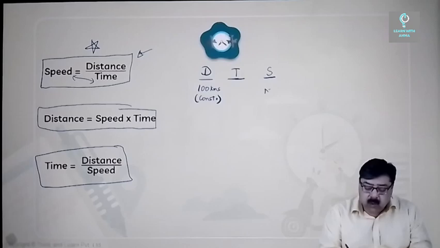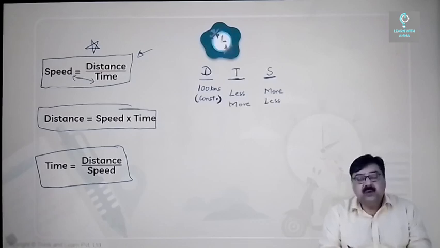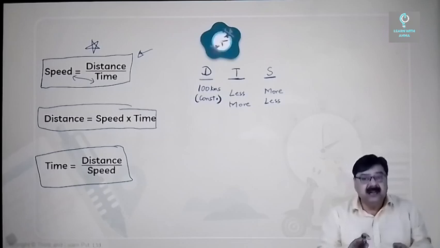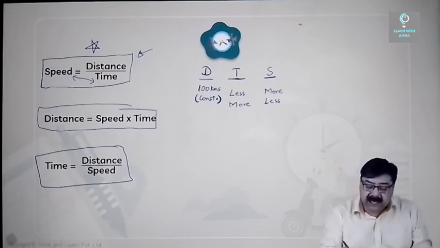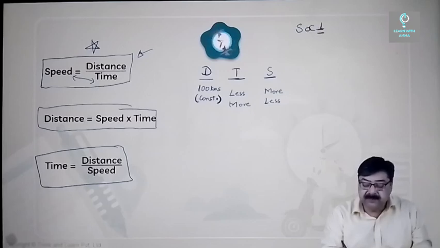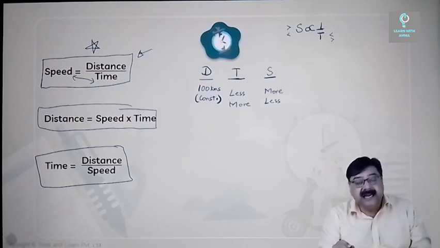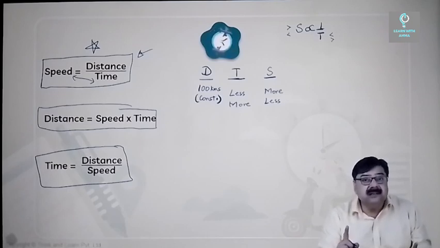Well, more the speed, less will be the time taken, and lesser the speed, more will be the time taken. So if we are going at higher speed, time taken to cover a distance obviously would be lesser. So speed and time have an inversely proportional relationship. That is, if speed is greater, then time will be lesser. If speed is lesser, then time taken will be greater to cover a constant distance.